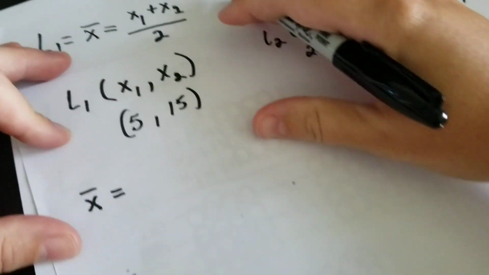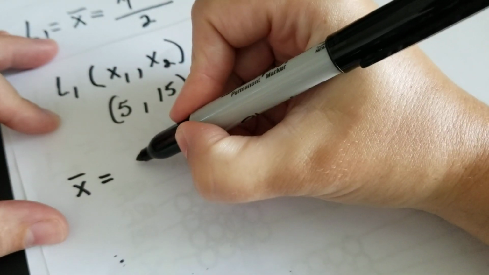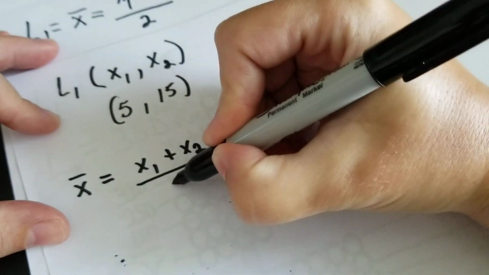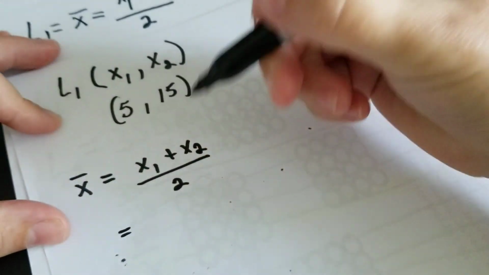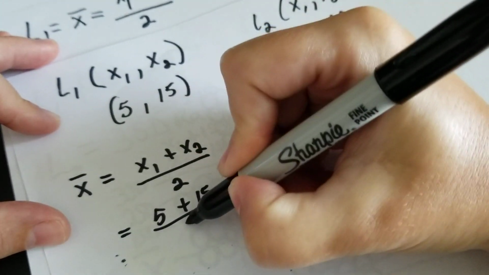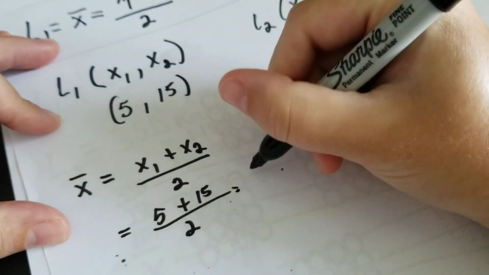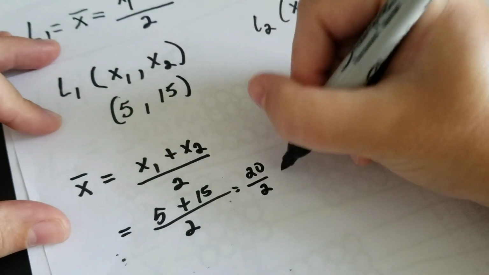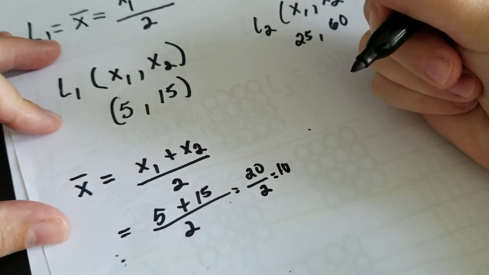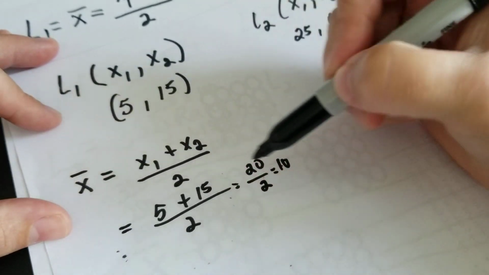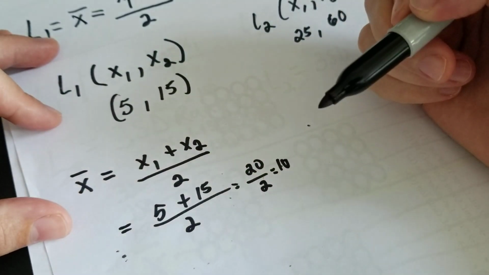It's right up here. It's the average, right? So we want x1 plus x2 divided by 2. To plug that in, it would be 5 plus 15 divided by 2. And that's 20 divided by 2, and that's going to equal 10. Okay, so our average here, our mean line, is going to be 10.